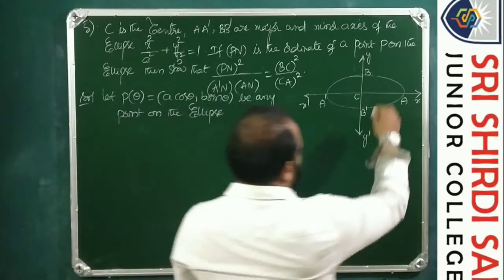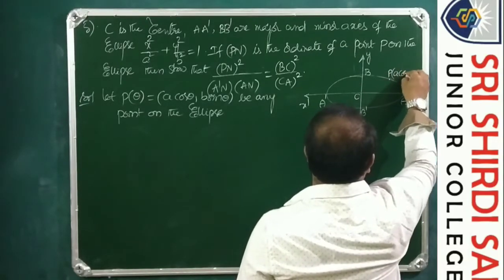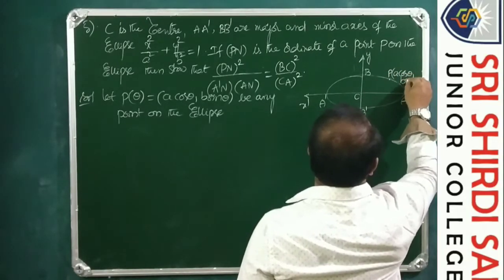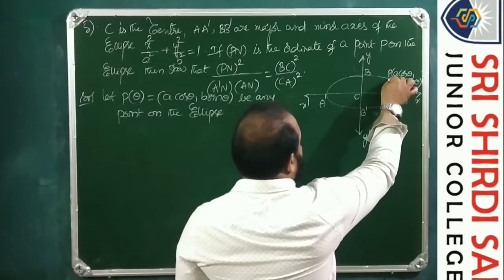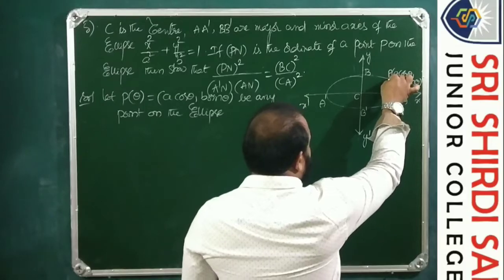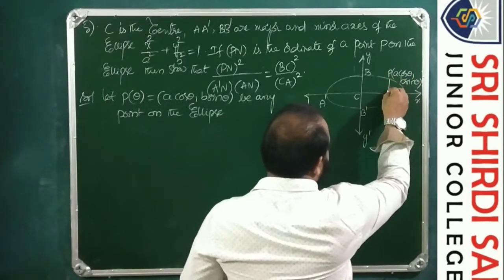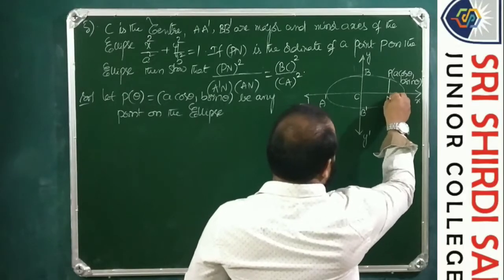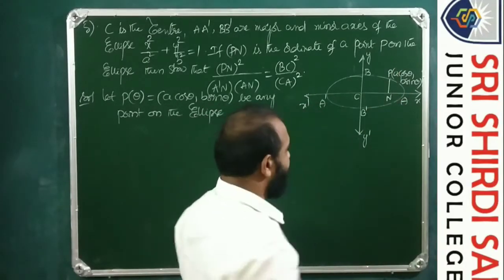So let us take this point P. So this is P, A cos theta, comma B sin theta. So I'll draw a perpendicular from P onto the major axis. So Pn is the perpendicular of P on the major axis.